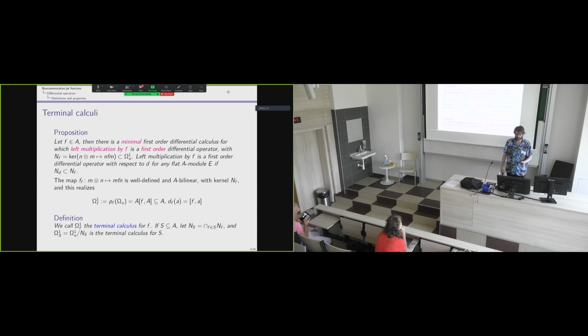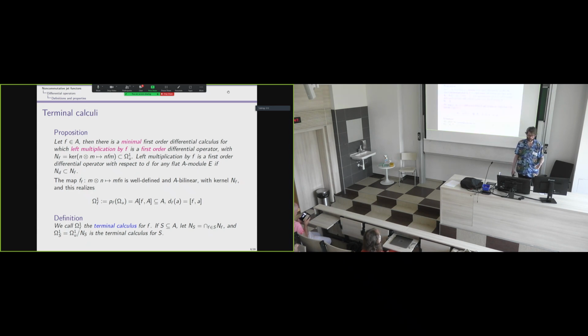So it turns out that there's a minimal first-order calculus. The first-order calculus is just the degree 1 term of the exterior algebra, which has this property. And they can be defined by directly constructing the kernel ND. And if you have a singleton set, we're going to call this NF.